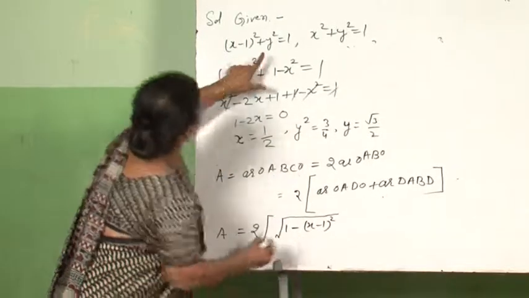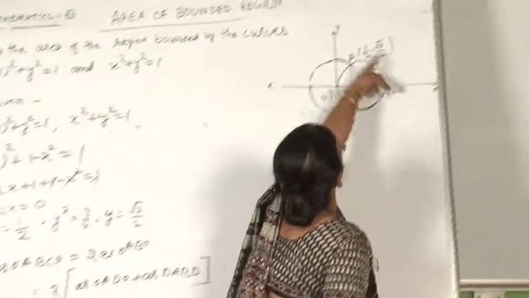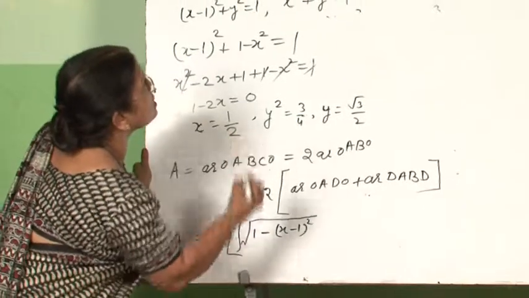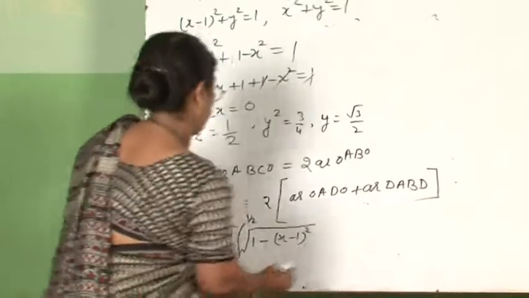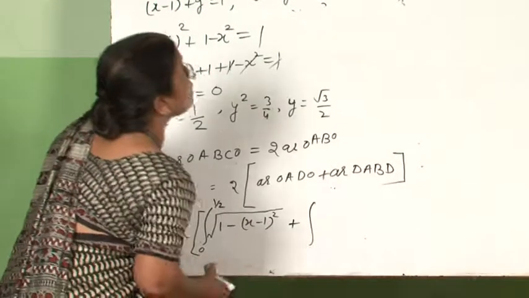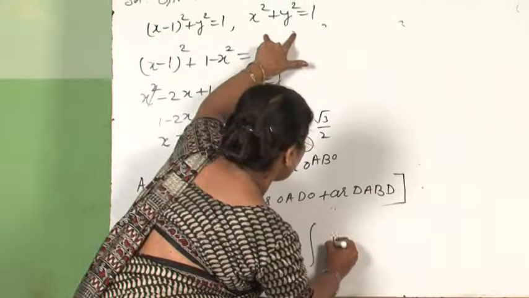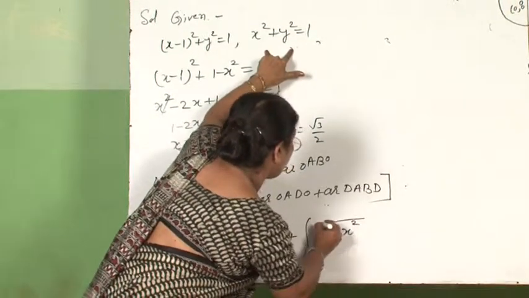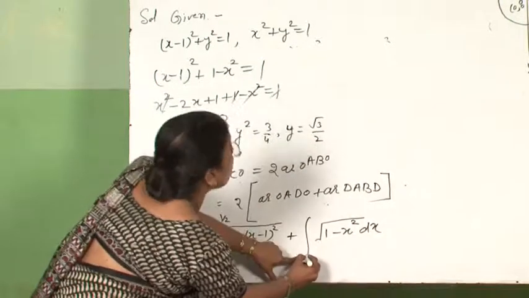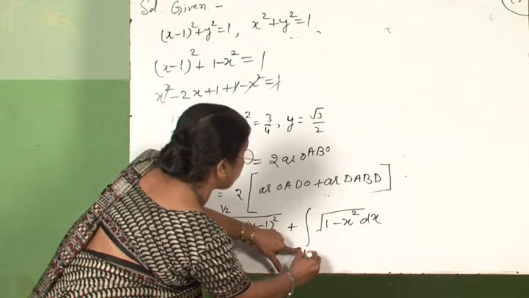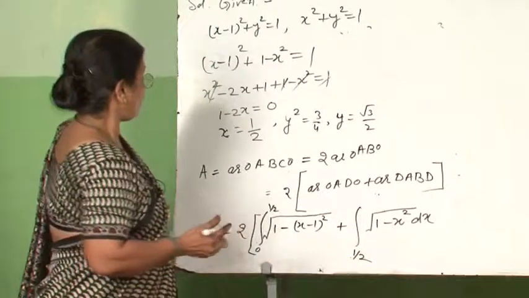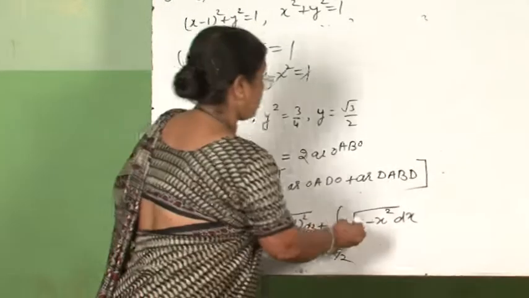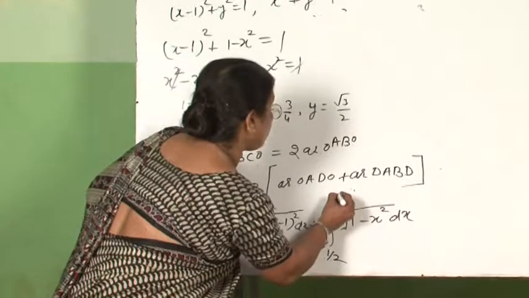This is the value of y from this circle, and integration of this from 0 to 1 by 2, plus integration of value of y from this, which is square root of 1 minus x square dx, from 1 by 2 to 1. So, this is integration of 1 minus (x minus 1) whole square under root from 0 to 1 by 2 dx, and this is integration of root of 1 minus x square dx from 1 by 2 to 1.